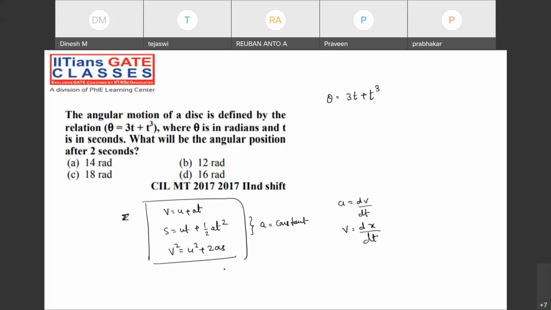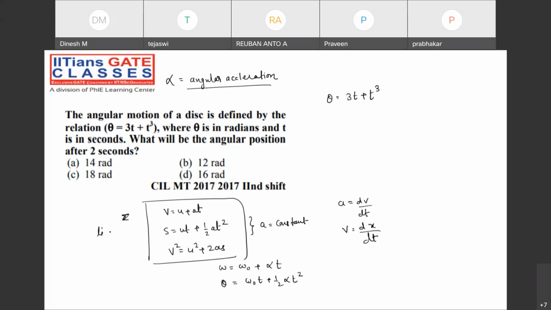We can also write omega equal to omega naught plus alpha into t in rotation. Whenever any body is doing rotational motion, S will become theta. Theta will be omega naught into t plus half alpha t square, where alpha is angular acceleration. Note down, angular acceleration. A is linear acceleration, right?